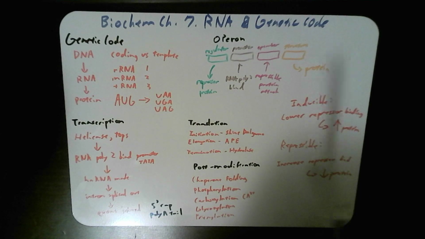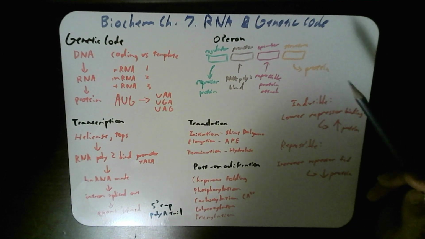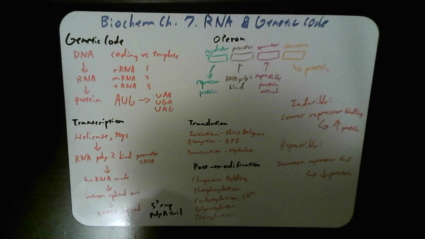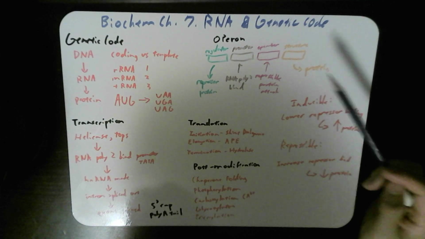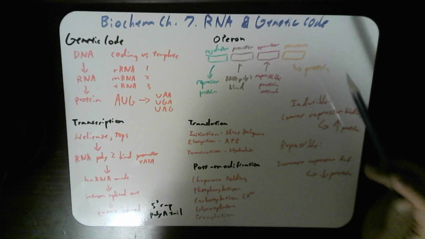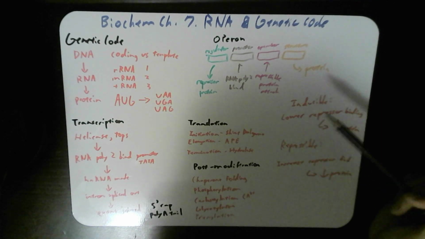Now finally we have operons. Operons are basically products that can be controlled better in the regulation of protein production. And we have two main types of operon to study: inducible systems and repressible systems.